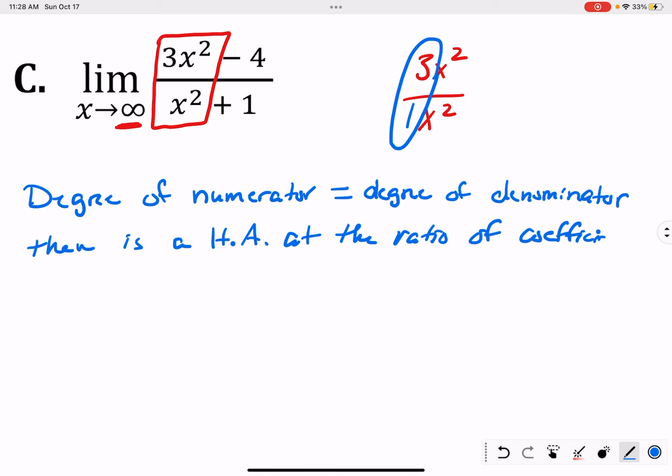That's only when they're the same. In this particular case, there's a horizontal asymptote at y equals 3, or 3 over 1.